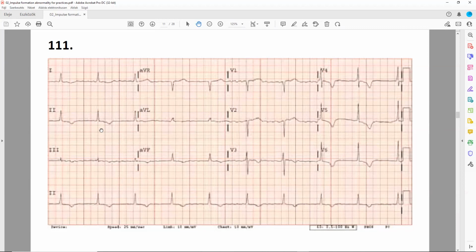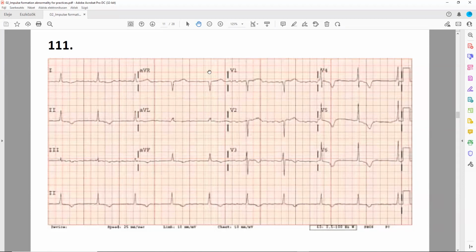The impulse formation or the conduction abnormality always comes back. This tracing has multiple problems: we have conduction abnormalities, and we also have impulse formation abnormalities.